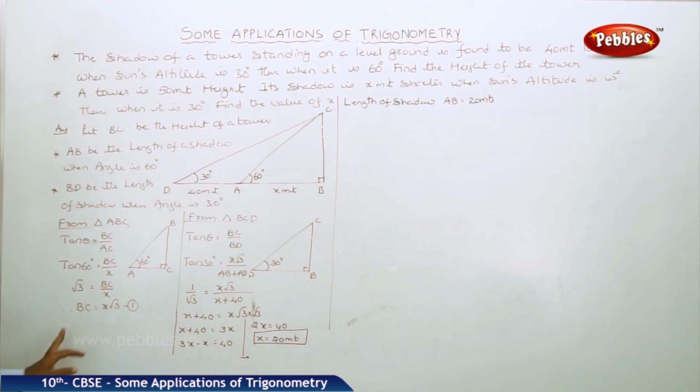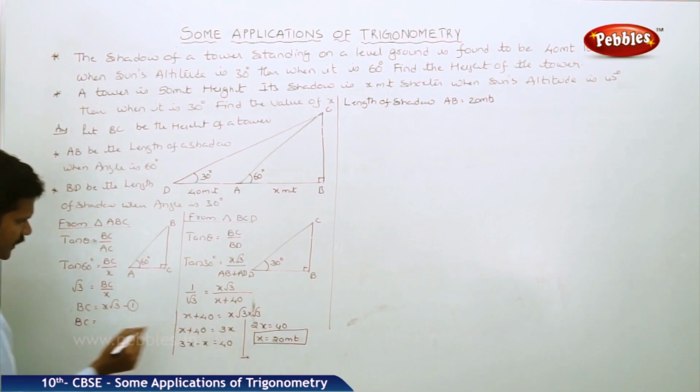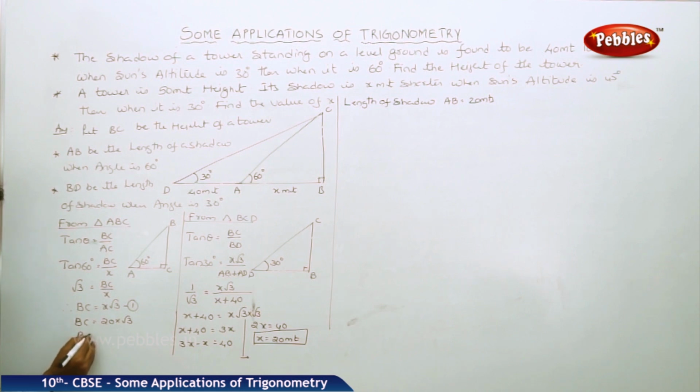Let us come here. BC is equal to x value 20 into root 3, that is BC is equal to 20 root 3, that is BC is therefore height of the tower is 20 root 3 meters.